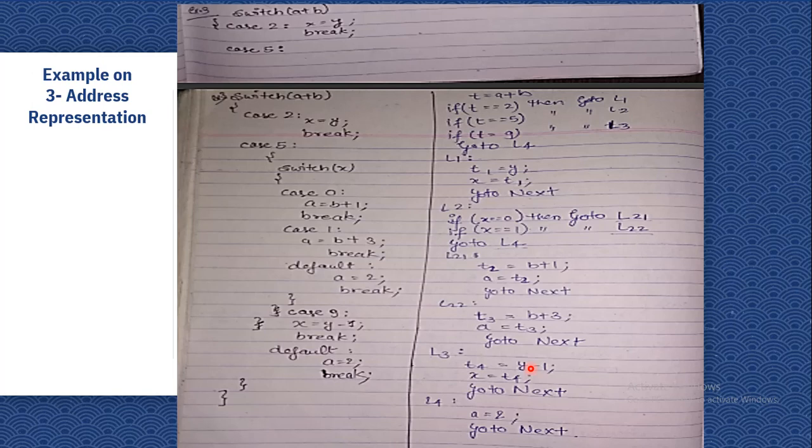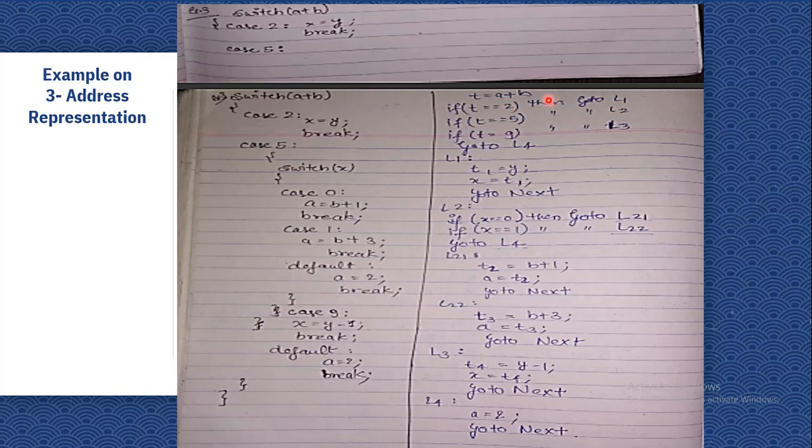So if we have to solve this question, and we have only if as a tool, the only statement that we can use in the three address scheme is if. So what we are doing is storing the value of a plus b into t. And if t equals, meaning if this case value gets true, then go to L1.